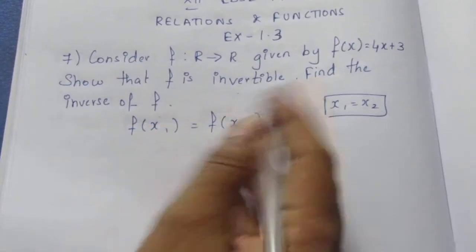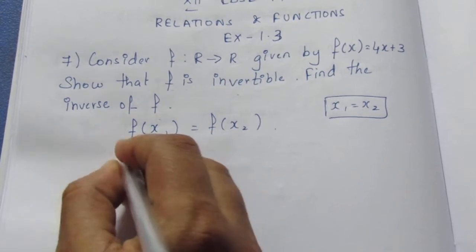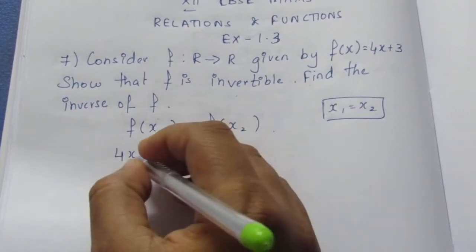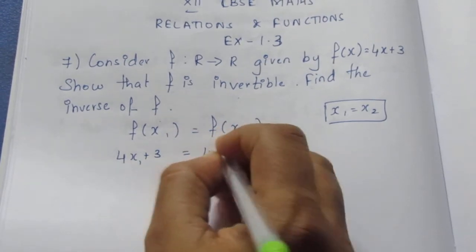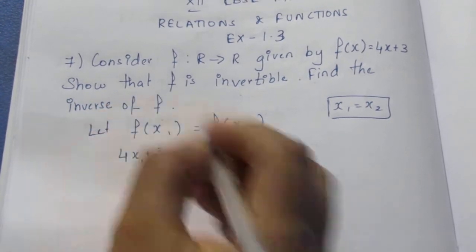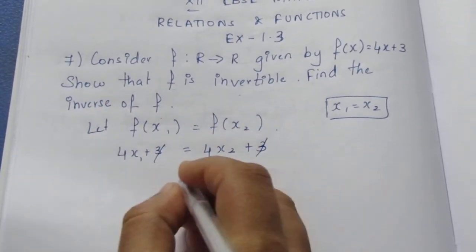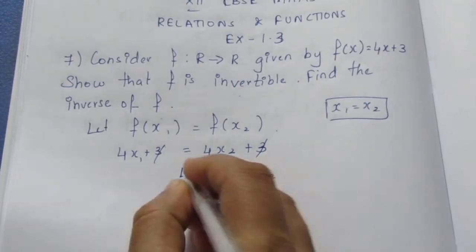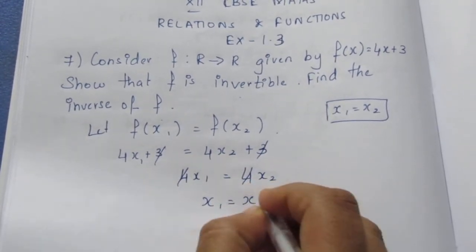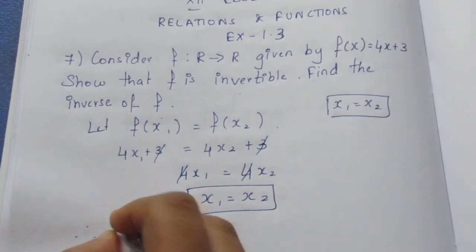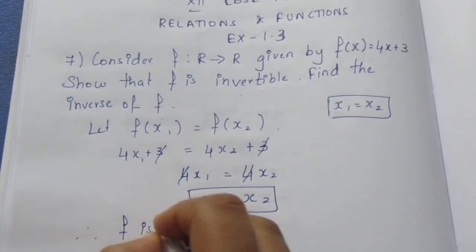Here we know that f of x is equal to 4x plus 3, so 4x1 plus 3 is equal to 4x2 plus 3. Here plus 3 gets cancelled. 4x1 is equal to 4x2. Both 4s get cancelled. Now we got x1 is equal to x2. As x1 is equal to x2, therefore f is a one-to-one function.